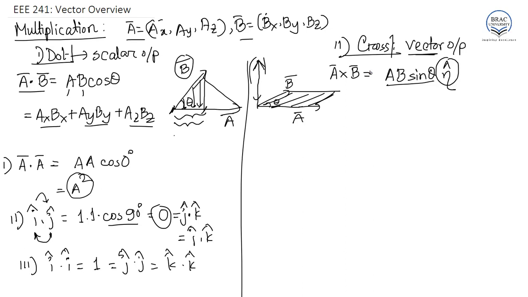So this is the direction of the result of your cross product. So a cross product gives you a vector that has AB sine theta as its magnitude, and the direction of which is perpendicular to both A and B.